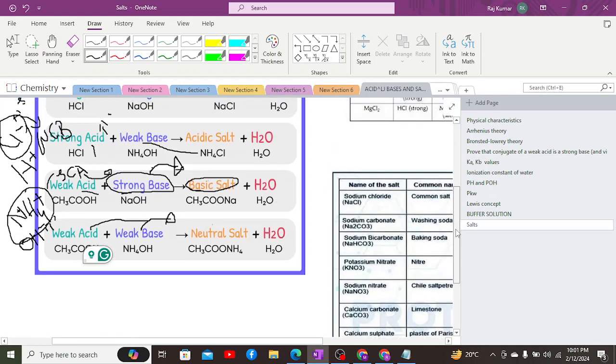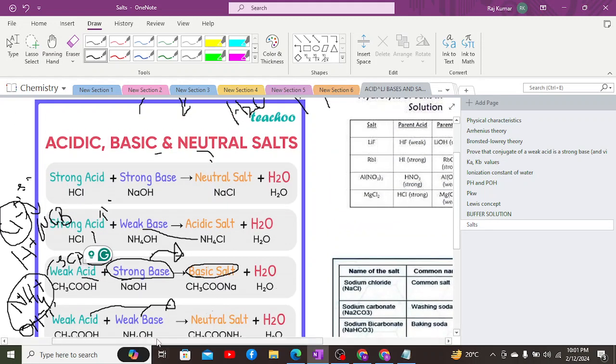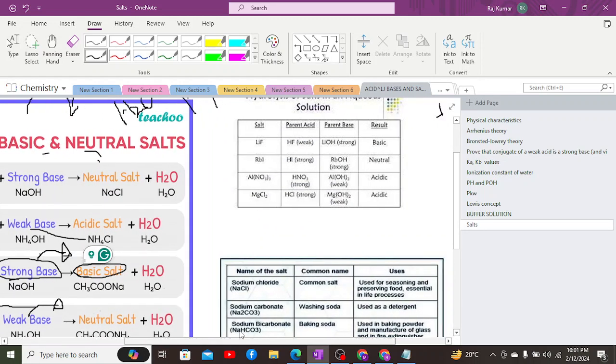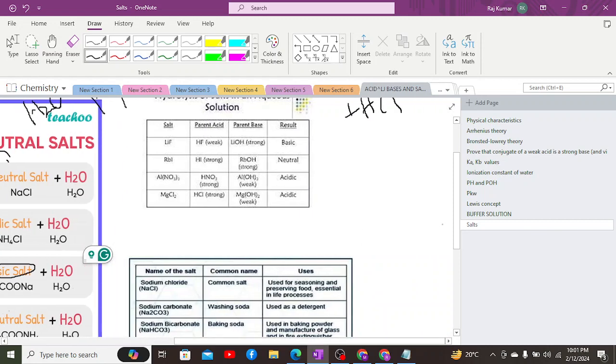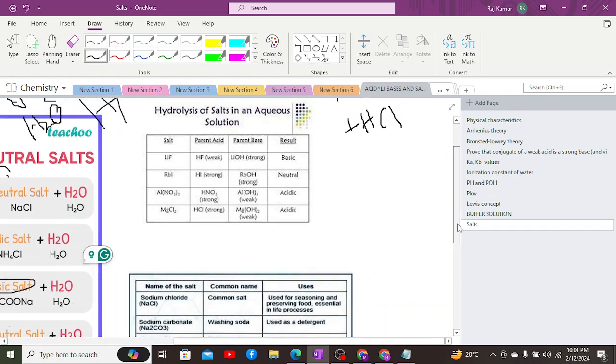Now, neutral salt, of course, will have pH equal to 7 and will not show any color change on litmus paper. Acidic salt will have pH less than 7 and will show color change from blue to red on litmus paper.